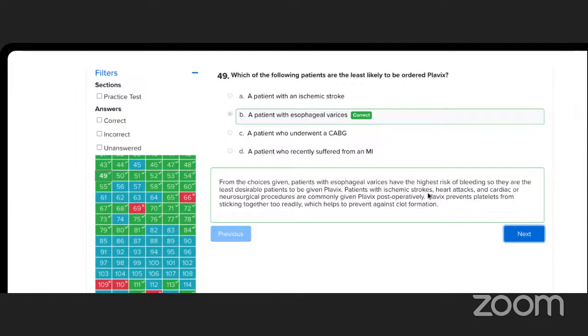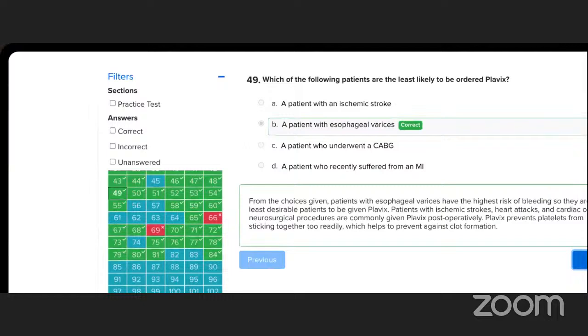Patients with ischemic stroke, heart attacks, and cardiac or surgical procedures are given Plavix postoperatively. Plavix prevents platelets from sticking together too readily, which helps to prevent clot formation. Okay, so that's the question.